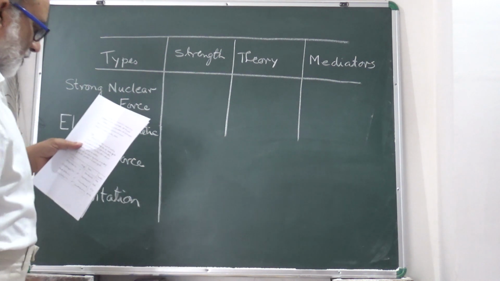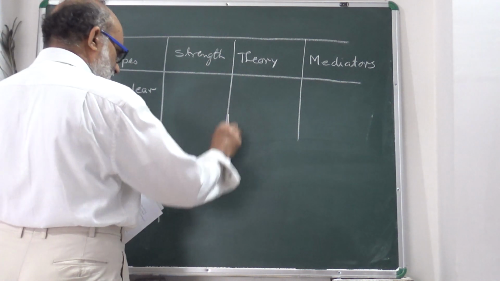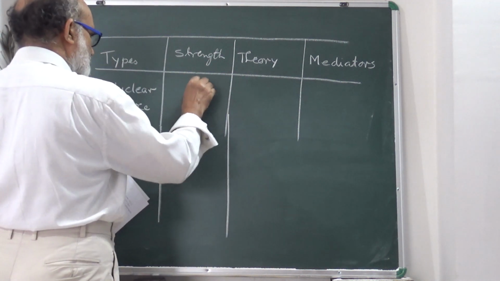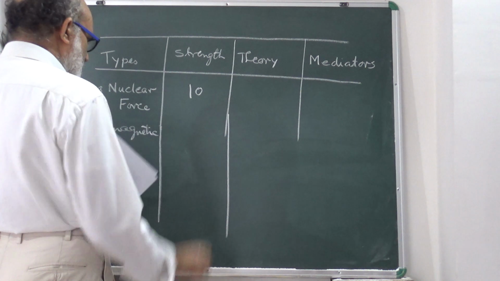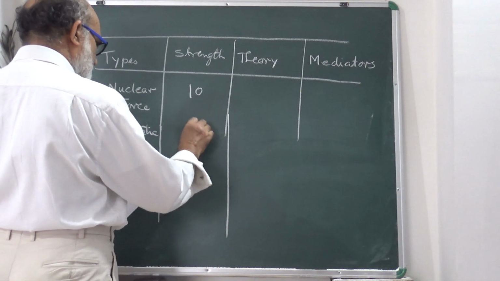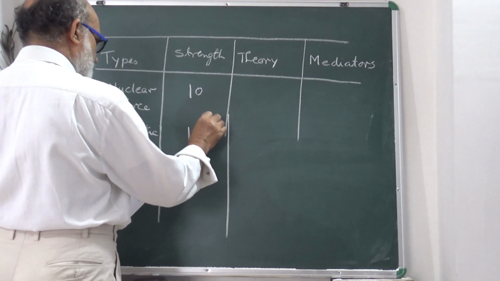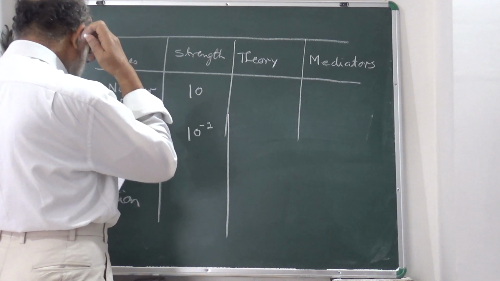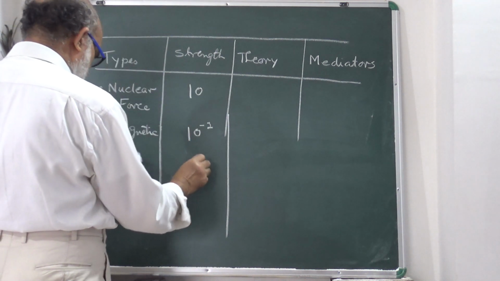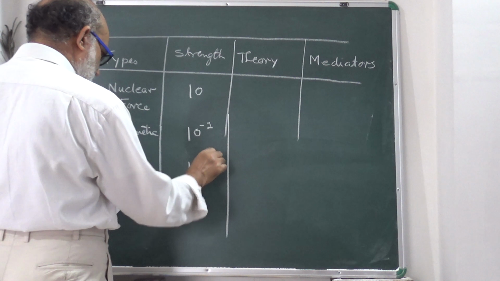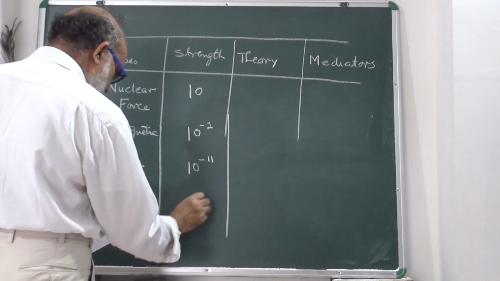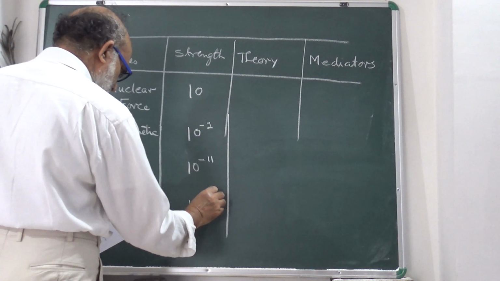If we rate the strong force as 10, then electromagnetic must be 100 times less, the weak force is 10 to the power minus 11, and gravity is 10 to the power minus 42.